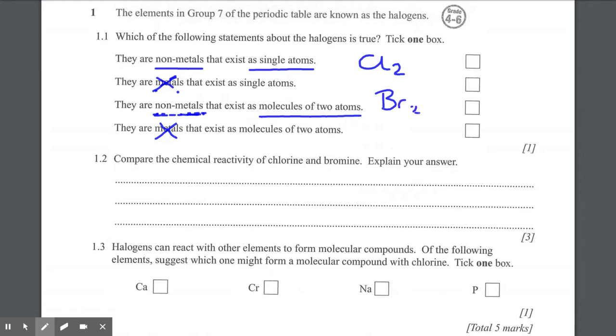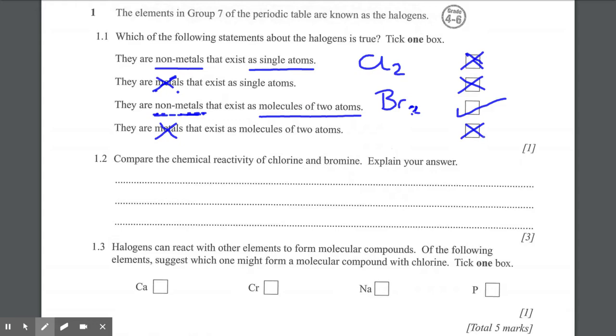So we know that these are molecules. These are diatomic molecules. And so the correct answer is the third one, where they exist as molecules of two atoms, and therefore it is not a singular atom situation, and obviously it wasn't the metals, as we'd already discussed. So what we have to do now is compare the chemical reactivity of chlorine and bromine.